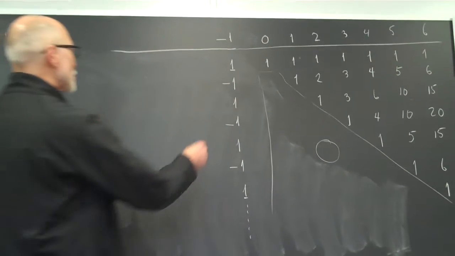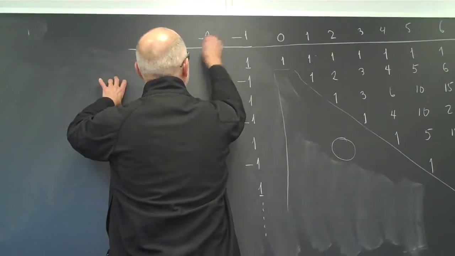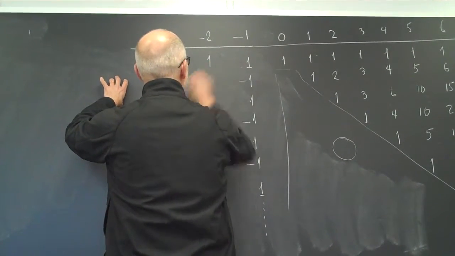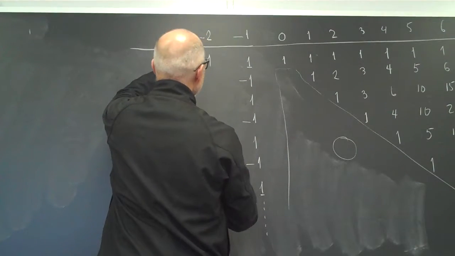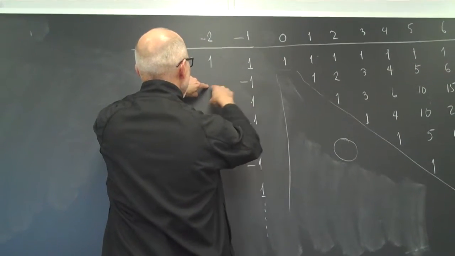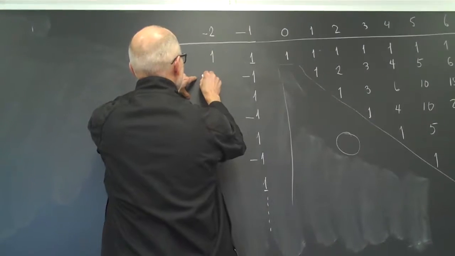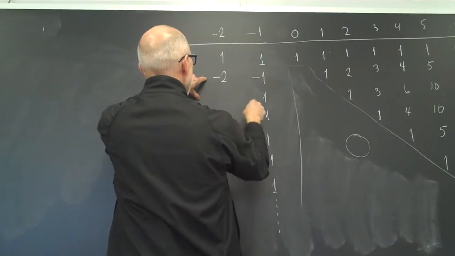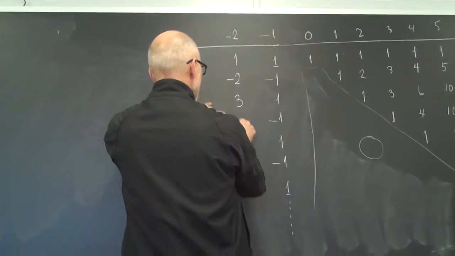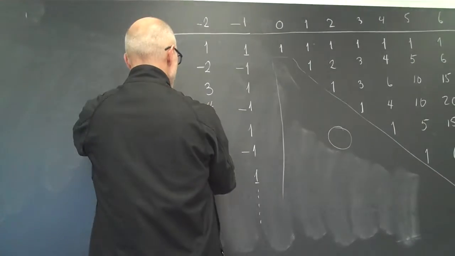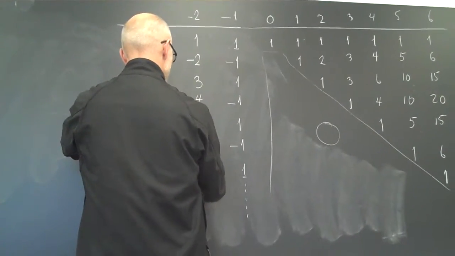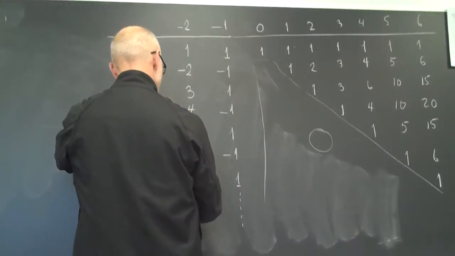This was fun. Let's do it again. Well, I have to have a 1 here, right? So this plus this has to be minus 1, so this must be minus 2, and this must be 3. This is minus 4. This is 5. Minus 6. 7.